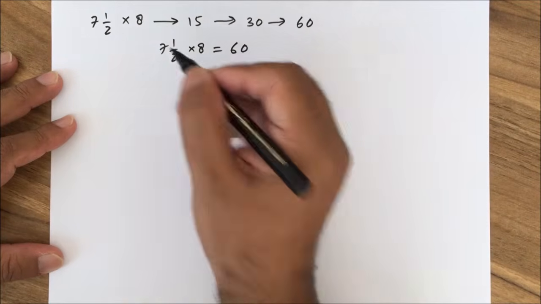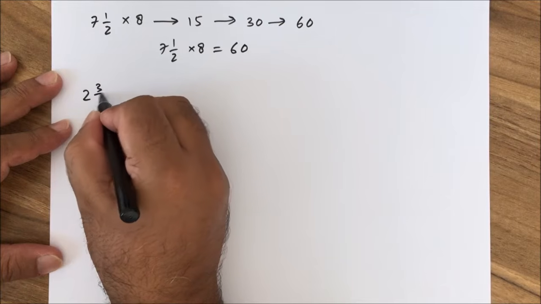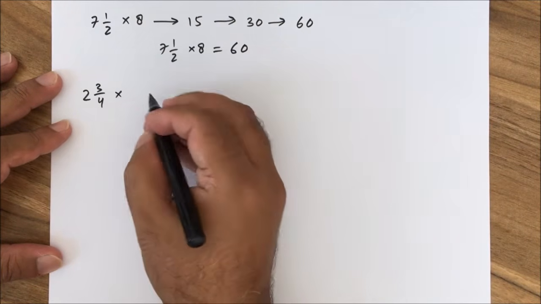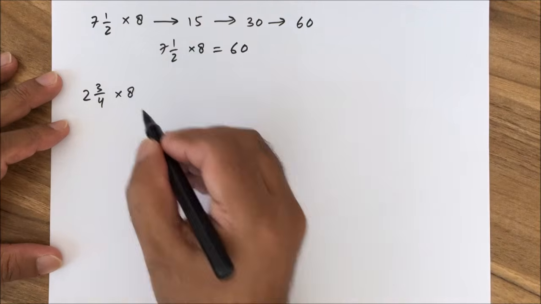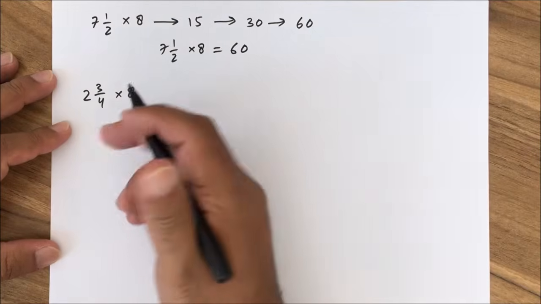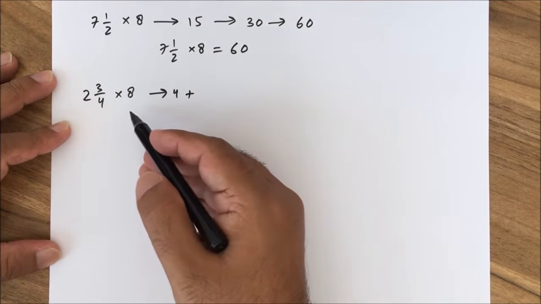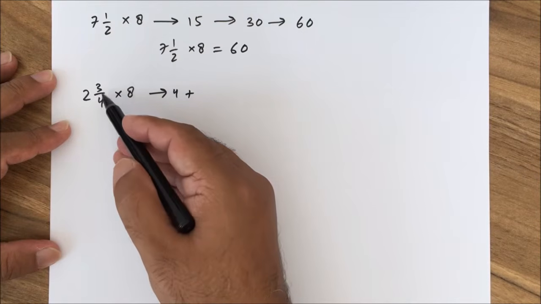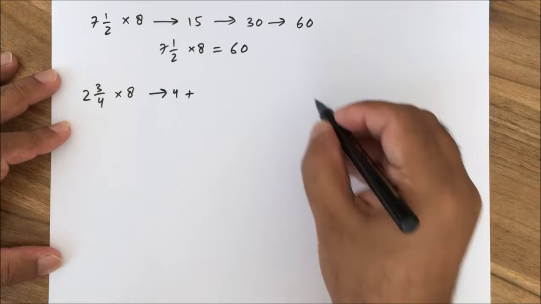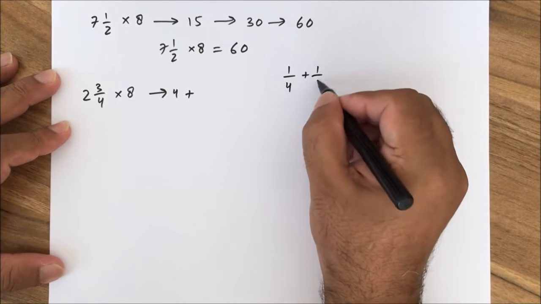It's that easy. Let's take a little bit more difficult number. Let's say 2 and 3/4 times 8 I want to do. Double of 2 is 4, we know that, but double of 3/4 is also easy. Double of 3/4 is 6/4, and let me explain a little here.